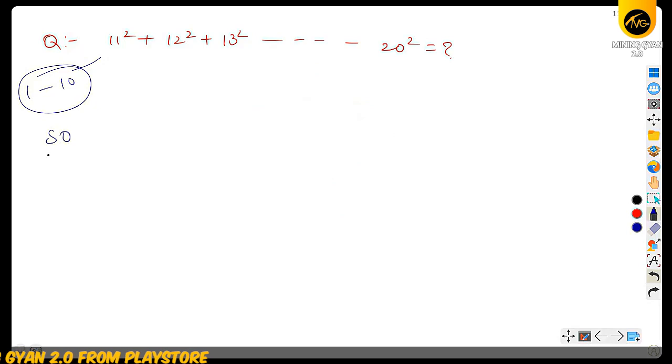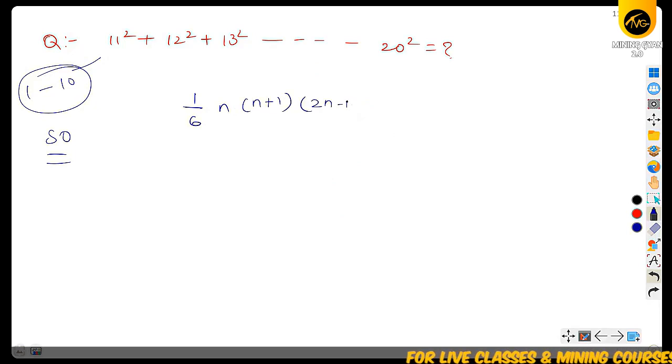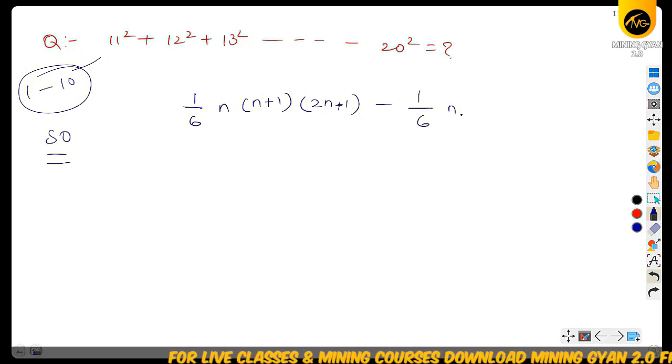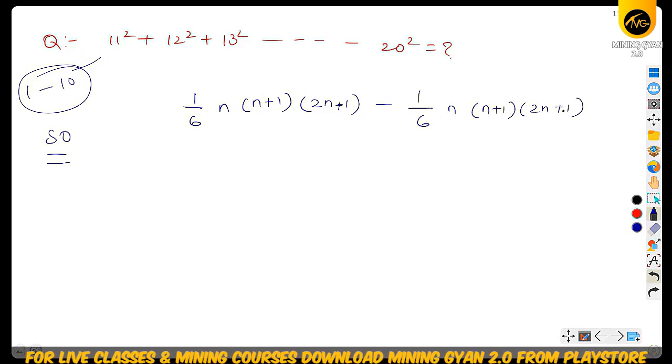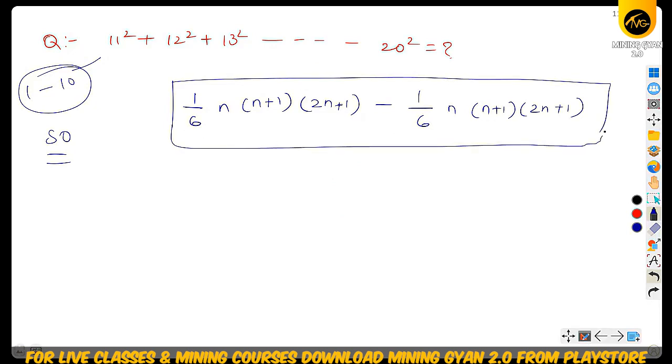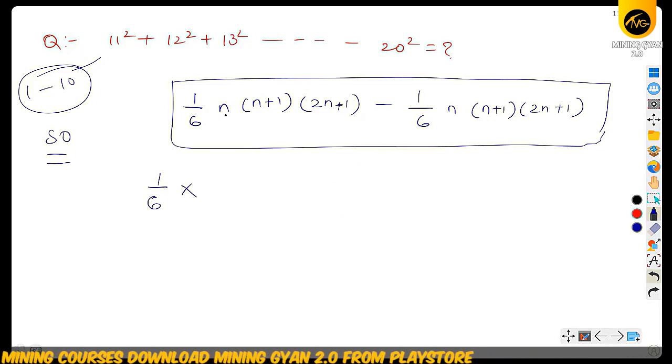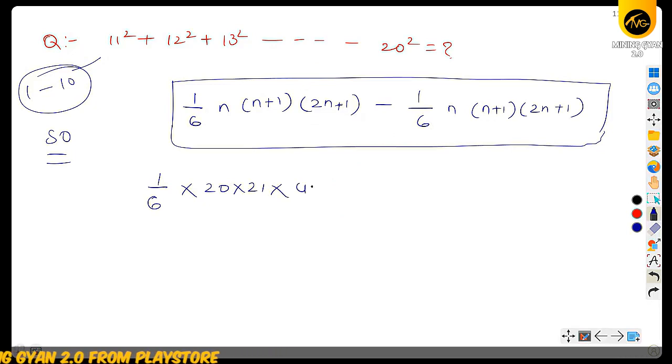We just use the formula 1 divided by 6 n into n plus 1 into 2n plus 1, minus 1 divided by 6 n into n plus 1 into 2n plus 1. In the first portion we put n equals 20, so 21 into 41.